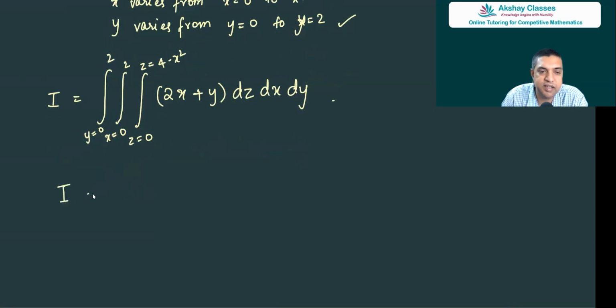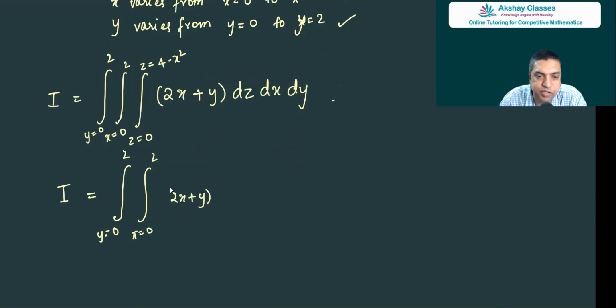So this integral is the integral from 0 to 2 in y, integral x equal to 0 to 2. Now integrate this with respect to z. So 2x plus y will be treated as constant.